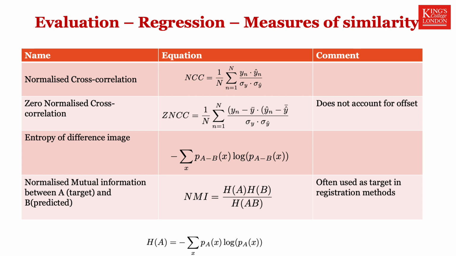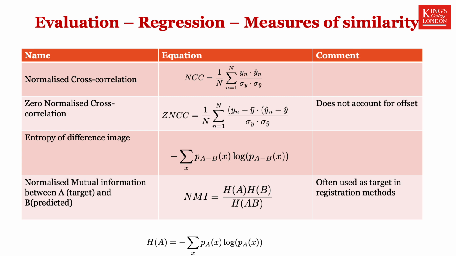While for the zero normalized cross correlation, you take the average of the sum over the pixels of the difference between the predicted value and the associated mean of the image, and you multiply, for each voxel, by the difference to the mean of the ground truth, and you divide by the product of the standard deviations of the two images.